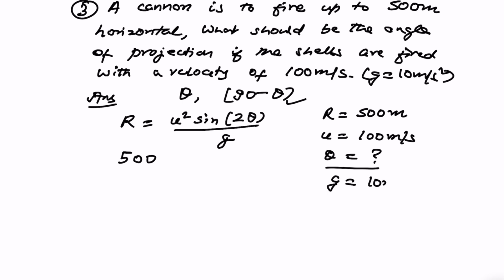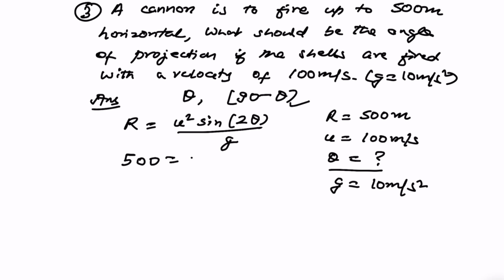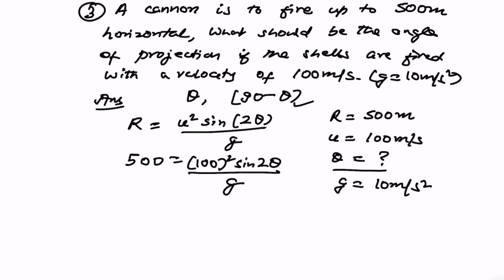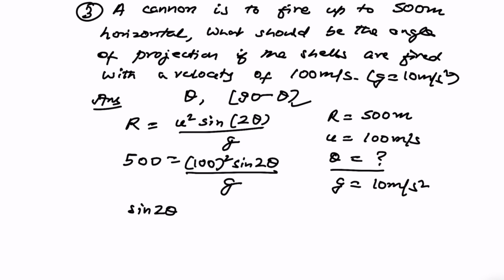How much is g given? 10 meter per second square. Then here we will put the value of u, 100 squared into sin 2 theta divided by g. So I am interested in sin 2 theta. So sin 2 theta will be equal to, the g will go in the numerator, 500 into g divided by 100 squared.